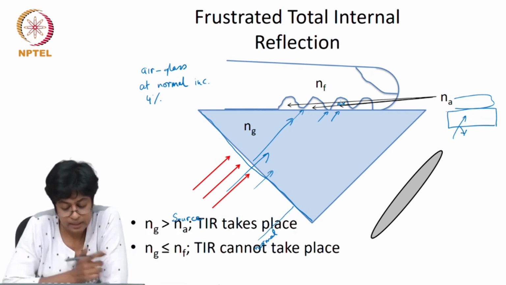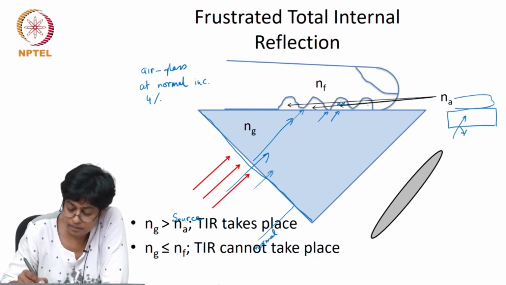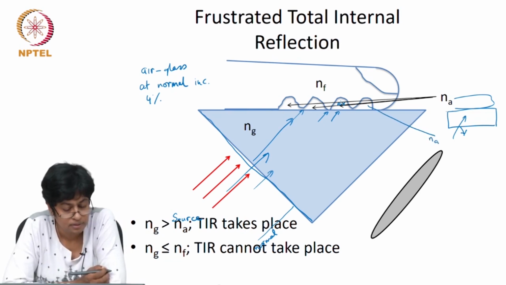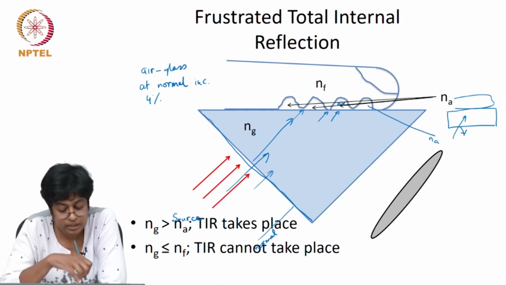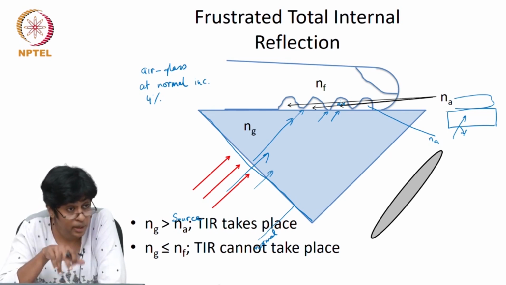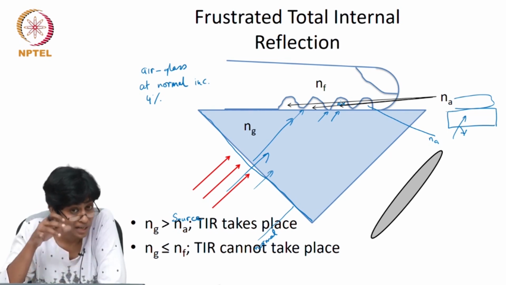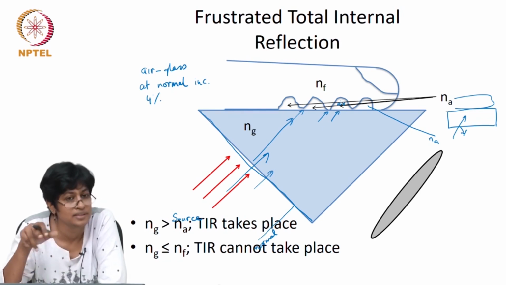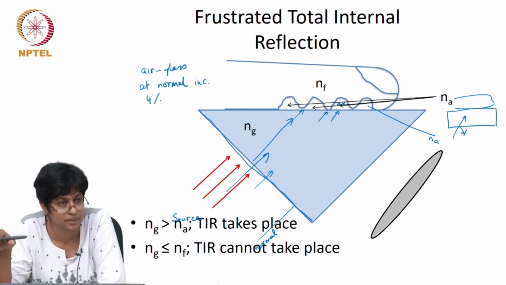So what is happening is I can consider the refractive index of these regions to be air. The refractive index of the prism itself is glass. We now are sending in light. So this is the reason why you press the finger against a glass object, because we are now setting up the condition where total internal reflection could happen.